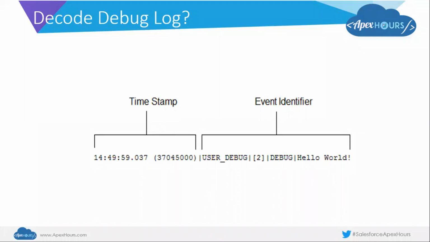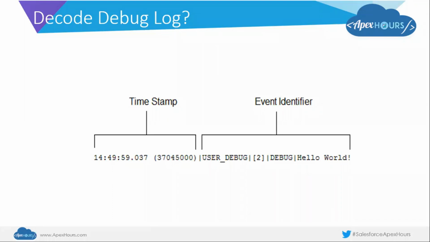Then there is another number showing as 2, which is nothing but the line number, where this particular statement is executing in your code. Then there is another keyword, DEBUG, which tells us the type of debug level we have set up, whether it's INFO, DEBUG, FINE, or WARN. Based on that, that particular text will change.